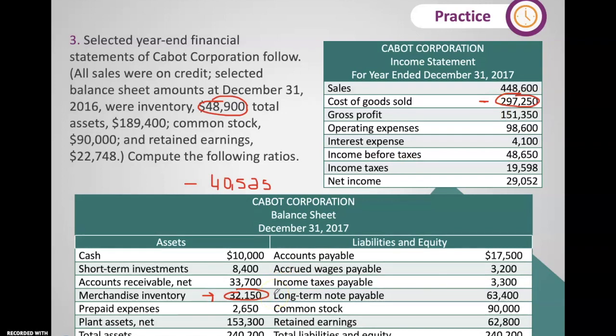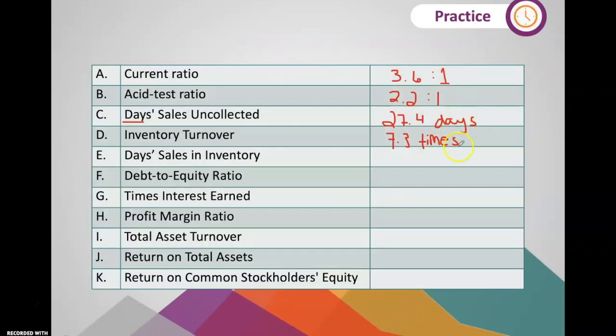So let's do that in a calculator. 32,150 divided by the 297,250 times 365. I got 39.5 days.